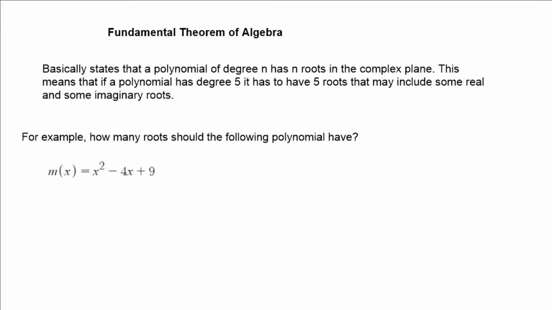The fundamental theorem of algebra basically tells us how many roots to expect from a given polynomial. A polynomial of degree 5 should have 5 roots. So how many roots should we expect from x squared minus 4x plus 9? Because it's degree 2, we expect 2 roots.